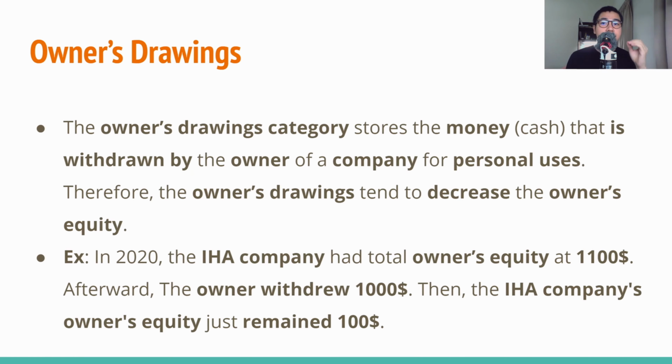So the owner's drawing category has been born to record the owner's withdrawals of investment for their personal use. Therefore, the owner's drawing tends to decrease the owner's equity. Oh, by the way, I think you can also read the example for yourself, okay?